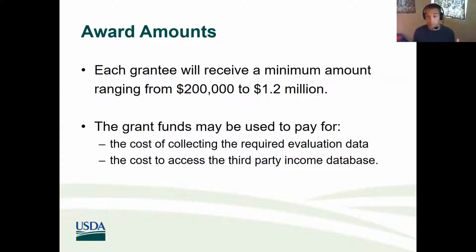We made a calculation based upon caseload and applied that consistently across all states, right? The grant funds can be used to pay for the cost of collecting the evaluation data, which I'll touch on in a couple slides. They can also be used to help pay for the cost of the contract with the third-party income database, right? And so that's important too. So it can help pay for the service as well.